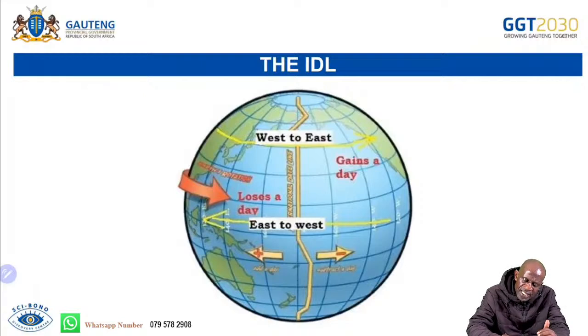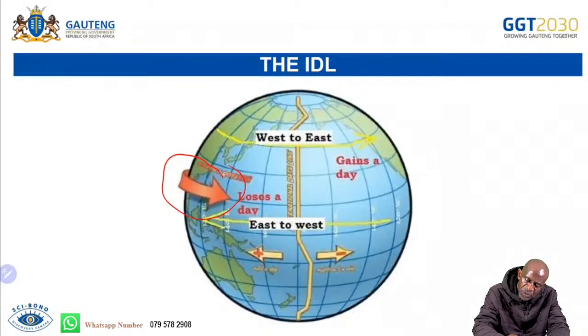So it sometimes bends, as you can see here, and the arrow here just emphasizes the rotation of the Earth, that the Earth rotates from west to east.